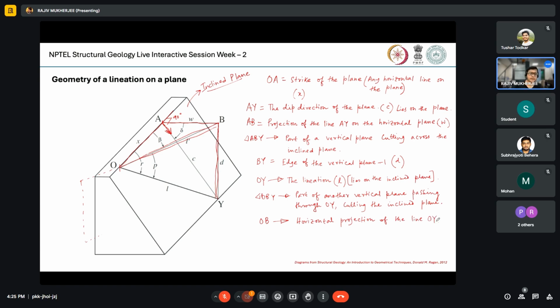Okay, and finally we have the triangle OAB. So triangle OAB is formed as a result of the intersection between two vertical planes, and if we just extend the horizontal plane like that, we will get OAB, which is part of the horizontal plane.